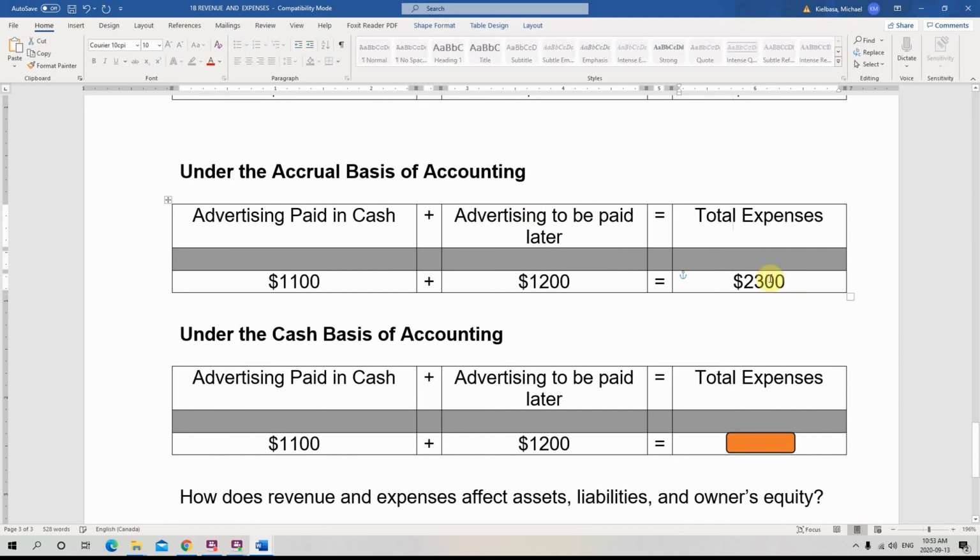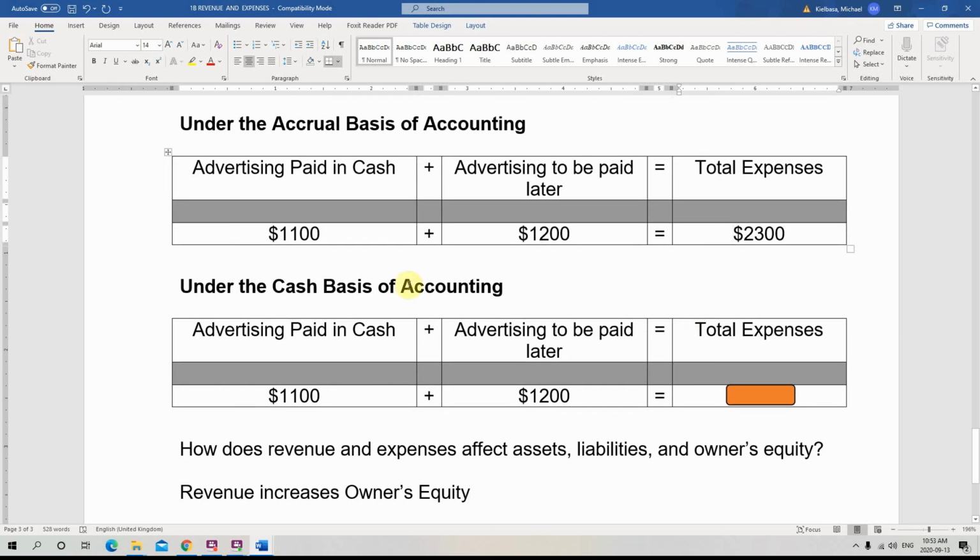It's when the cost was incurred. So, total of $2,300. Now, under the cash basis, it's an expense when I pay the cash, not necessarily when the cost is incurred. So, under the cash basis, this represents an expense, but this does not. Why? Because I didn't pay the cash. So in this case, our total expenses are only $1,100.